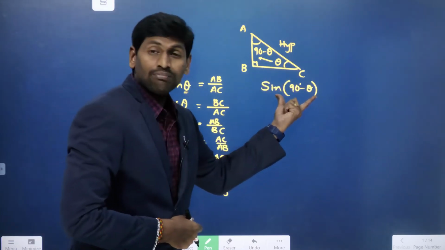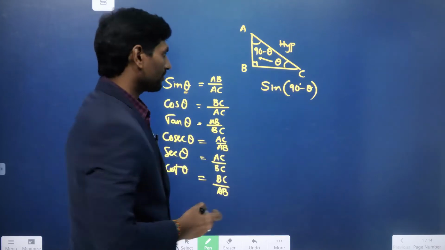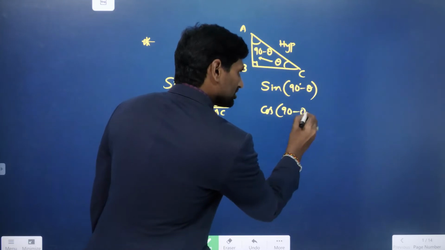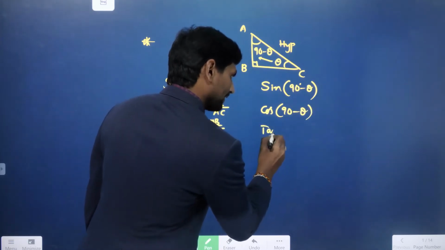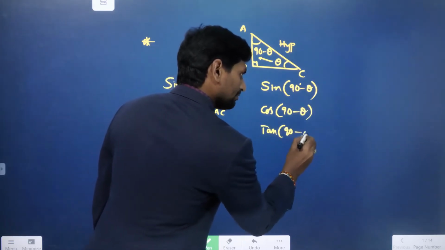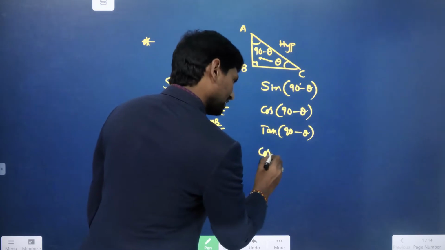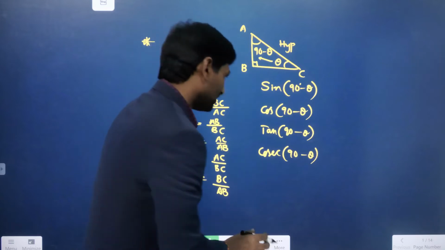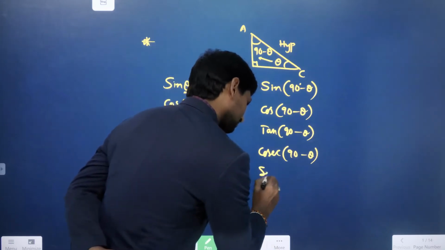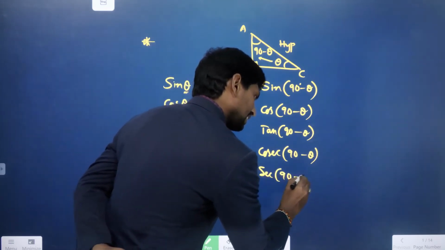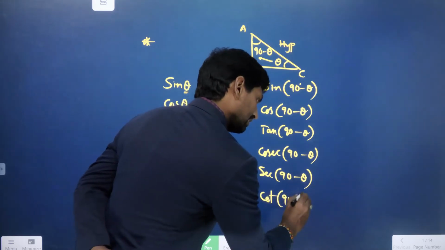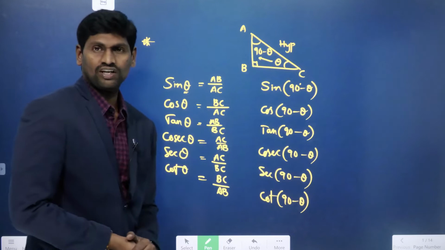Now I am taking the second angle, 90 minus theta: sin 90 minus theta, cos 90 minus theta, tan 90 minus theta, cosecant 90 minus theta, secant 90 minus theta and last cot 90 minus theta.